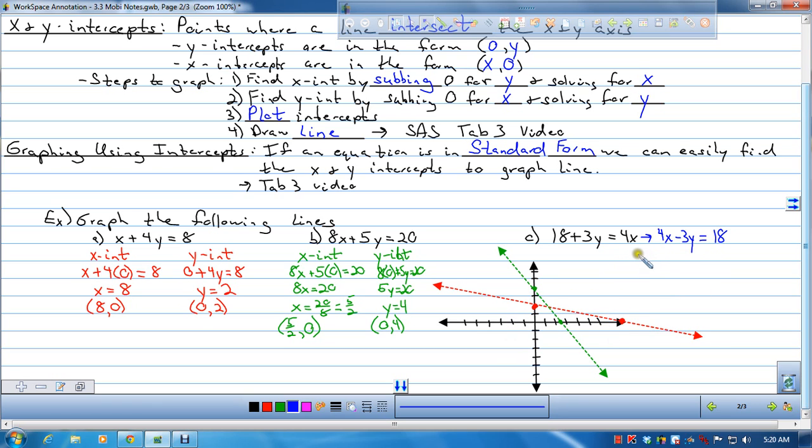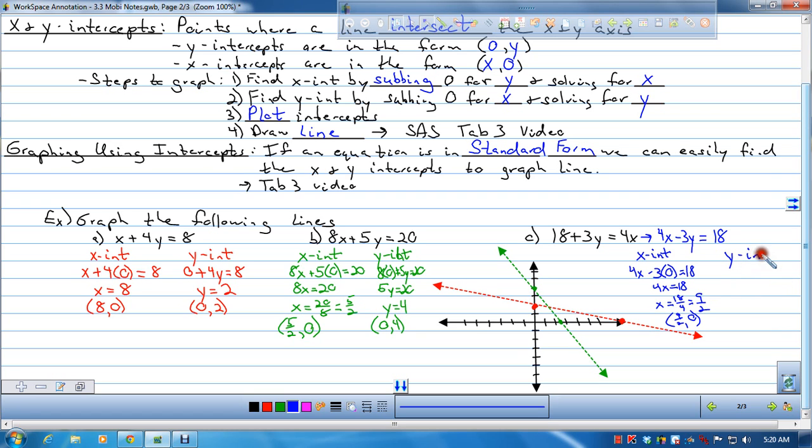As we work our way through this, our x-intercept, we know we plug in 0 for y. So 4x equals 18, x equals 18 over 4, which we know is 9 over 2, or 4.5. Okay, so I've got 9 over 2, 0 for a point.